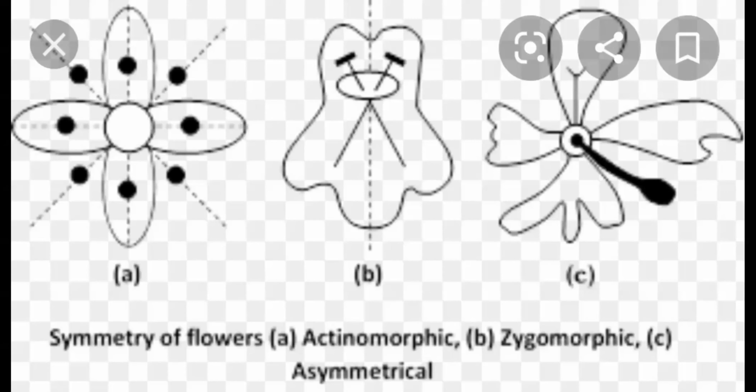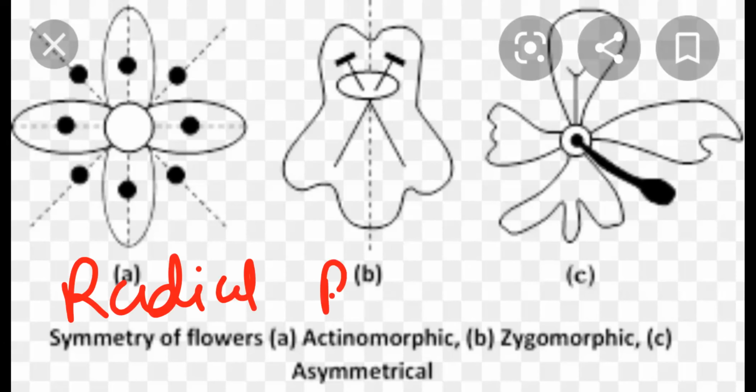Right? So the same applies to flowers also. A flower either has radial symmetry or else bilateral symmetry or else asymmetry.